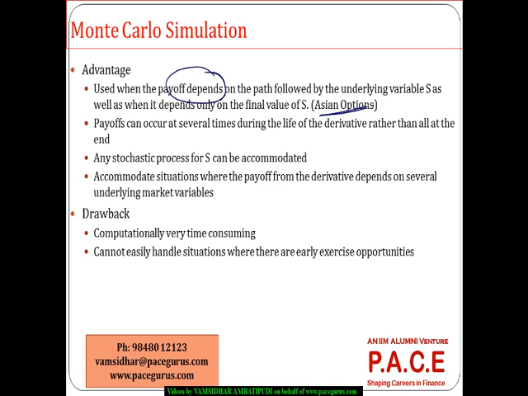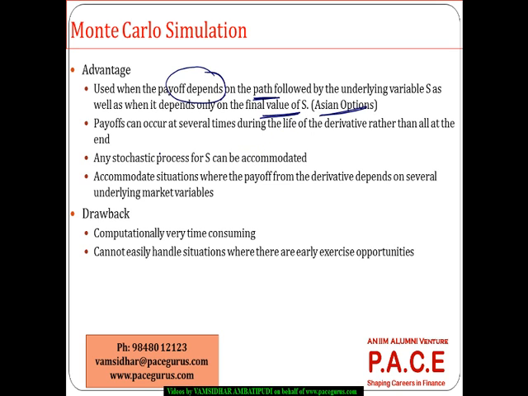If any derivative has a payoff determined based on the path followed by the variable as well as the final value, then Monte Carlo has a very unique advantage there.